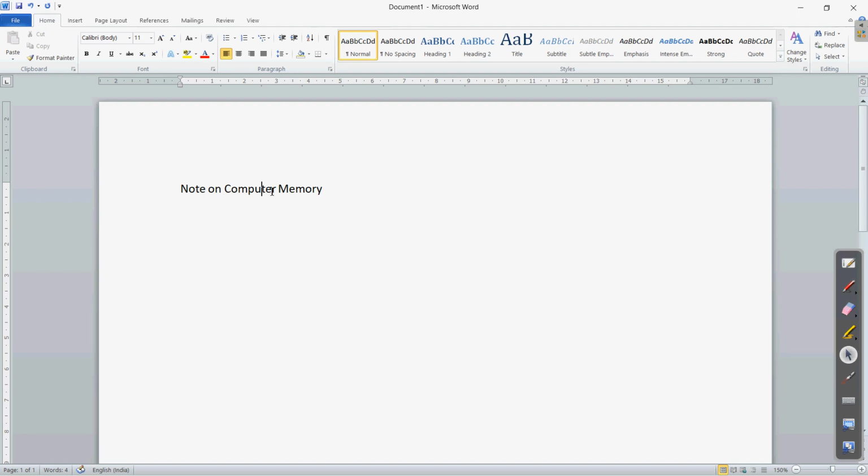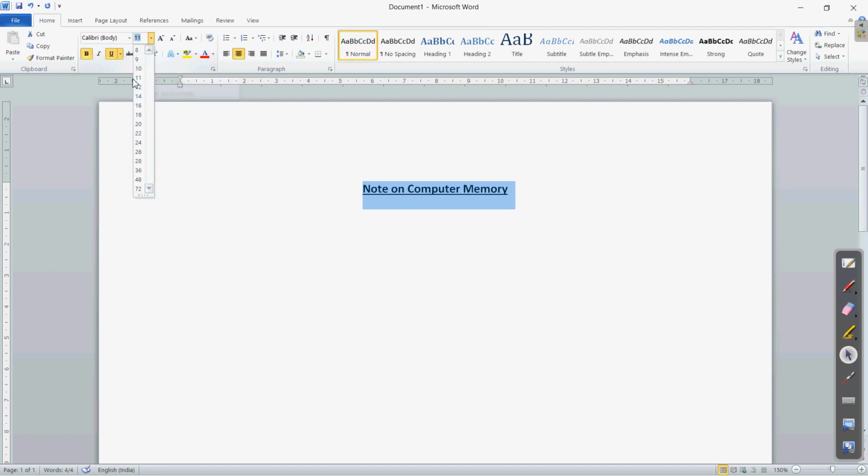So this way we can also do it in any of the mobile apps, where you can write this. Whatever the heading is, you can put it in the middle, underline it, make it bold. You can increase the size also. Most of you are familiar with the MS Word features.